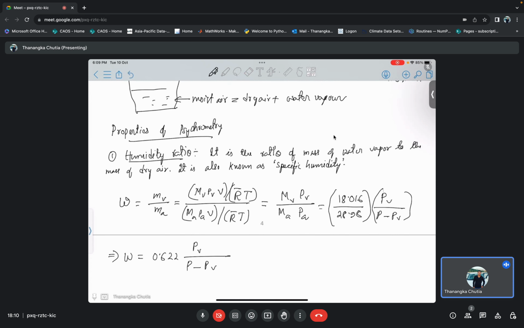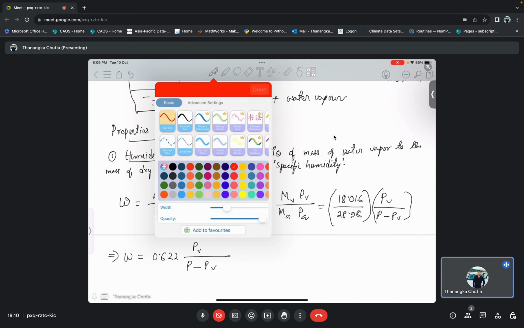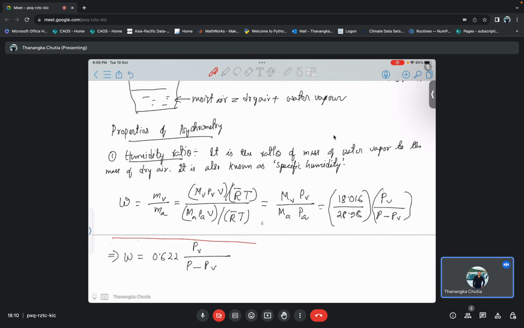So this is basically the expression that we will be using for evaluating specific humidity. And its unit is kg per kg of dry air, or gram per kg, depending on how you express it, but this is the standard, your SI unit.